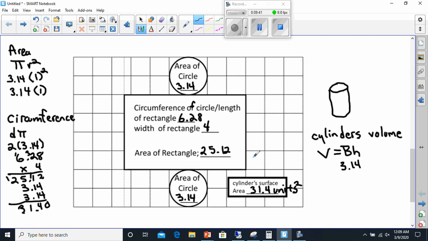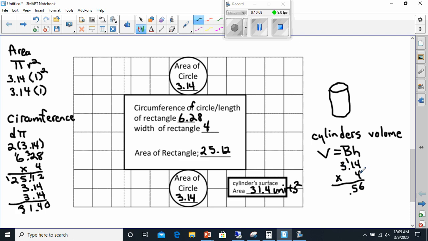And then H is the height, and the height of this thing is 4. So that's times 4. Well, 4 times 4 is 16. We carry the 1. That's 4 or 5, so that's going to be 56.